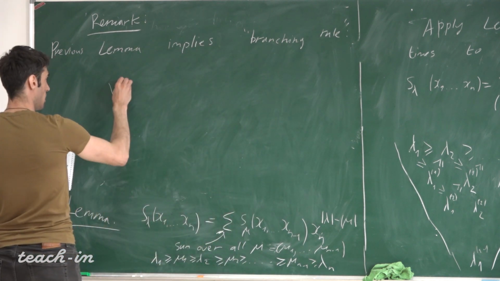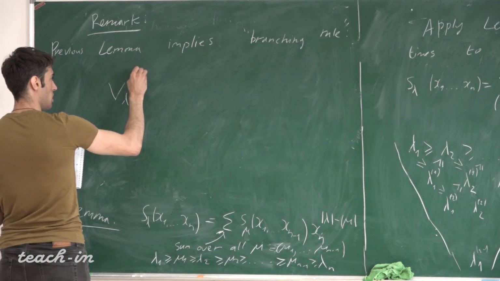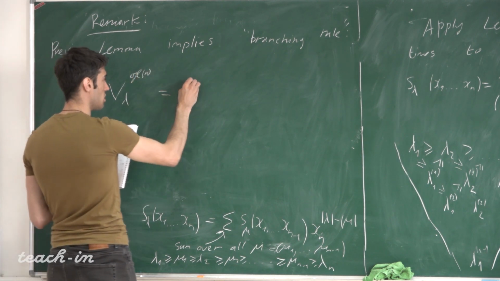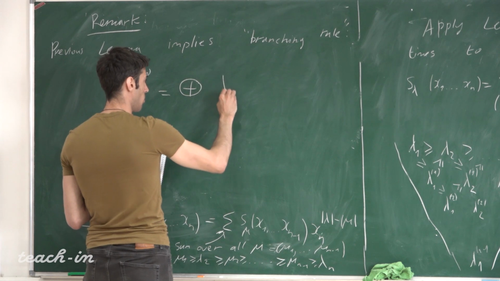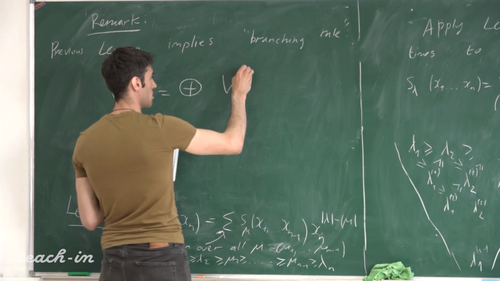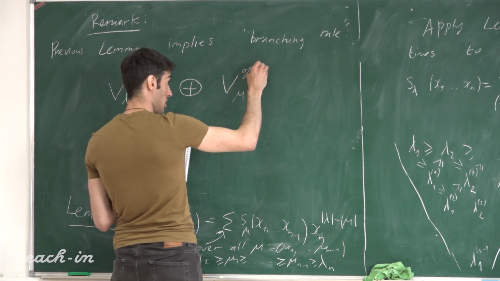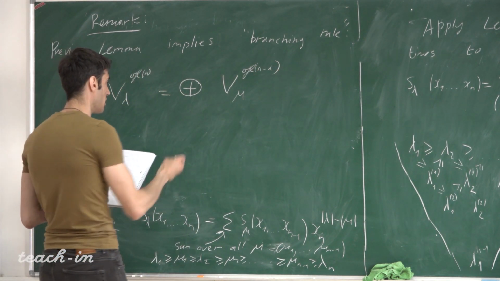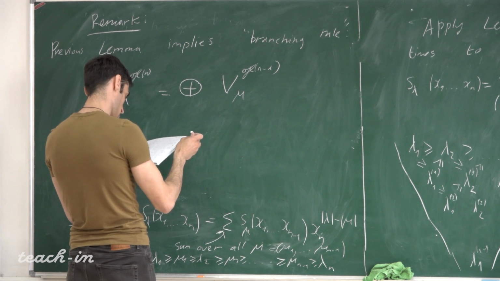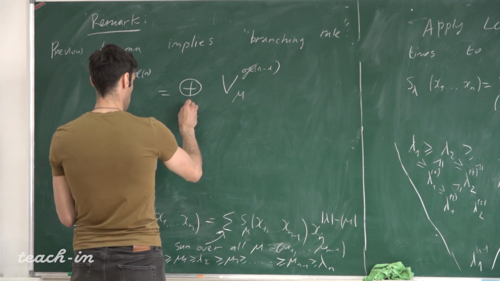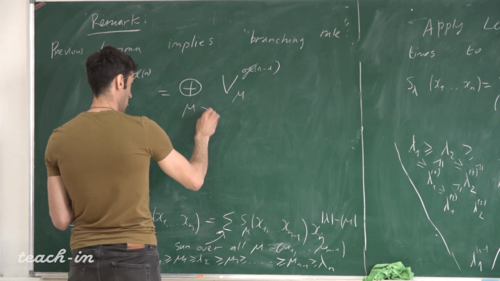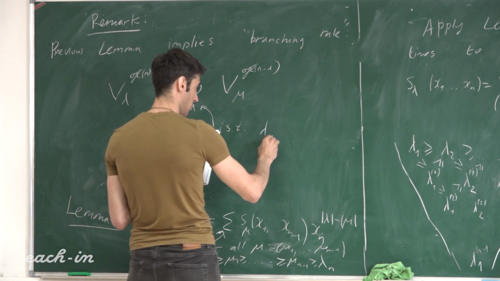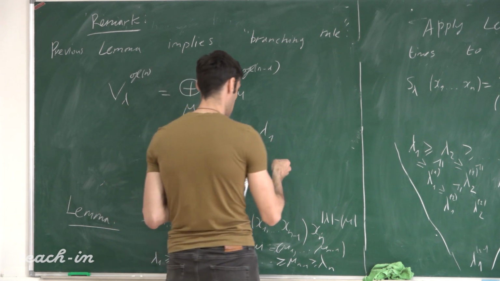If you consider V lambda, the representation of GLN, then it's a direct sum of V mu's as a representation of GLN minus 1, where mu is such that we have this interlacing property.